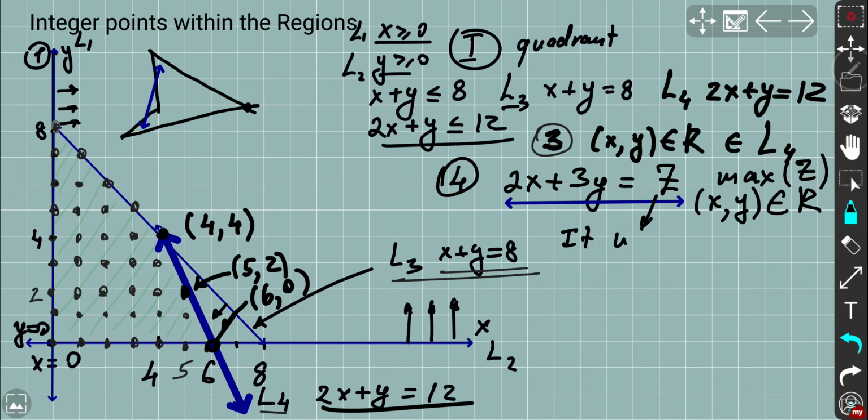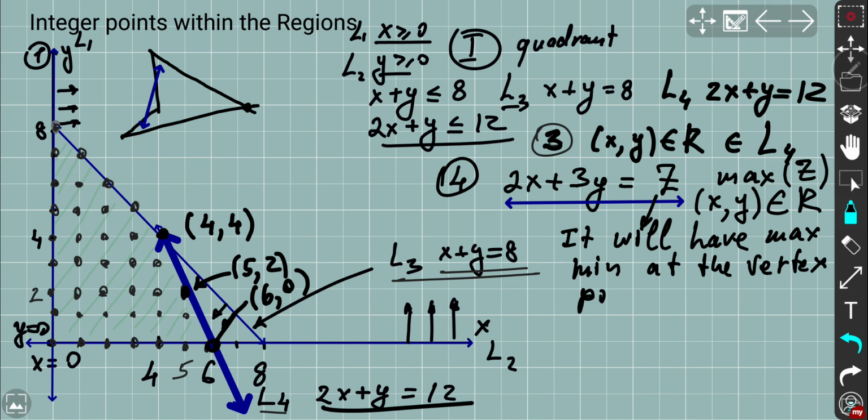It will have the optimal values, both maximum and minimum, at the corner points, or at the vertex points of region R. Okay, so we've got that, and in this case we're looking for the maximum.